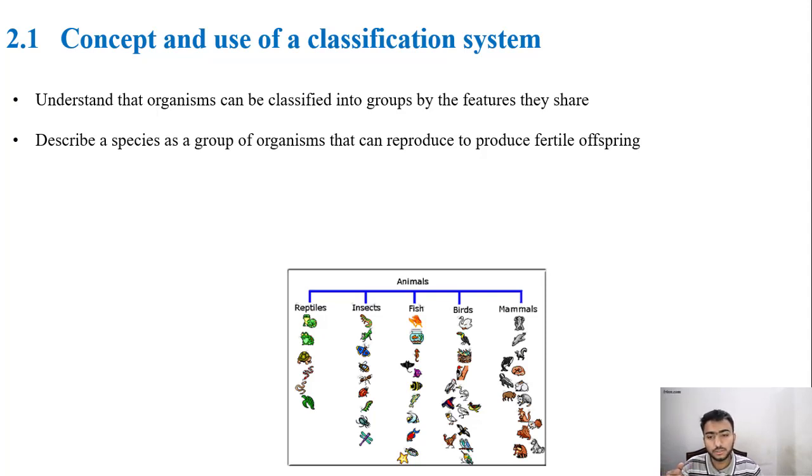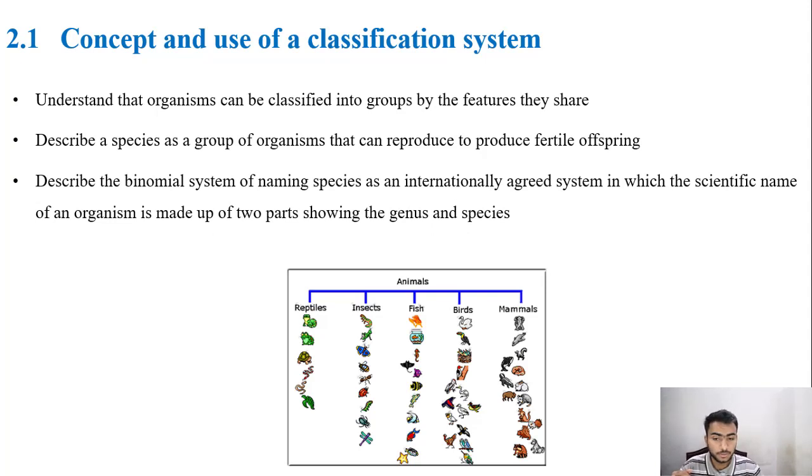It is important that we understand the definition of species, because we are going to use it again and again in this topic, as well as in our higher studies. So we will discuss a little bit about species and its definition.